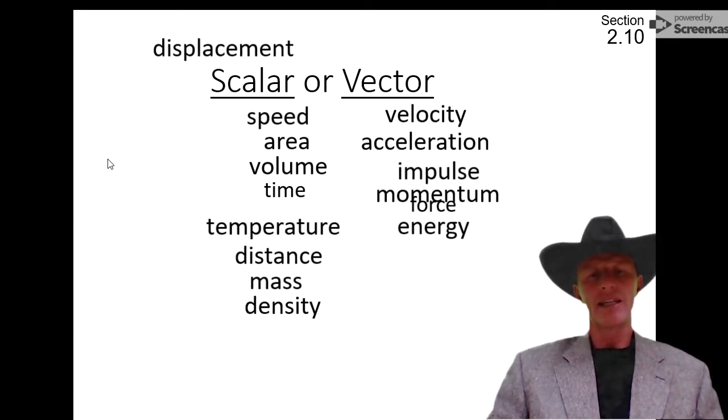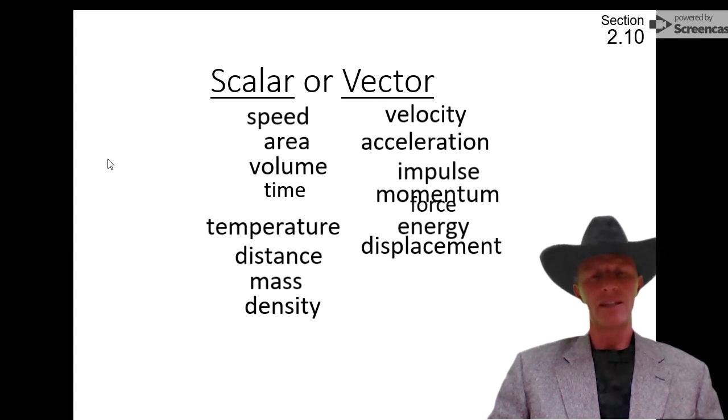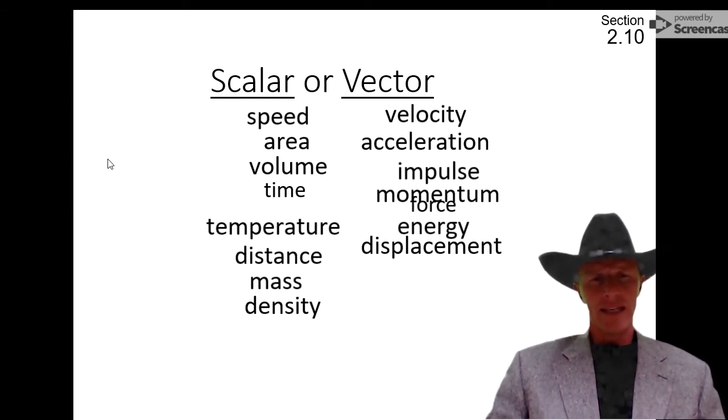Just like down in the middle, we see distance and displacement. They both are quantities measured in meters, but displacement contains the direction as well. So that would be how they are related. What else can we talk about on this list? Density is defined to be mass over volume, and if mass and volume are both scalar, then density would be scalar.